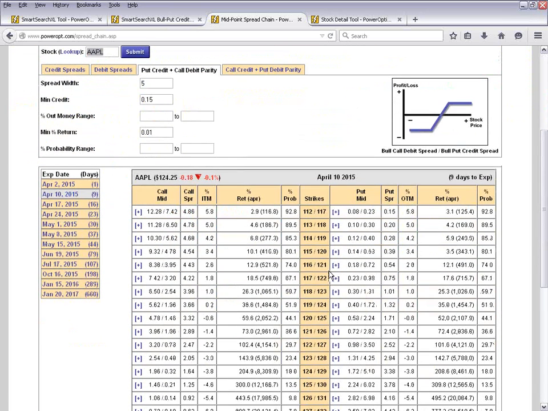All right, so when we were talking earlier about the 121 and 119 spread, for example, when we see the bull put here, the 121 to 116, we're getting a 54-cent net credit, but we're still seeing a 12% return. So we're getting that better net credit that we saw on the 1 or 2-point spread, but the return is still less.